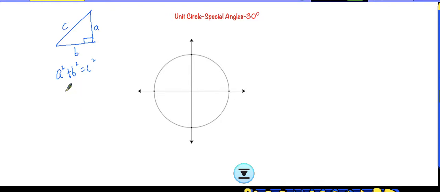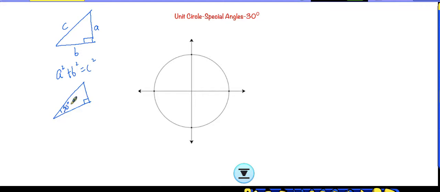Another thing I want to mention is, in a right triangle, if I know this is 30 degrees here, then the opposite side of the 30 degree angle is always half of the hypotenuse. What does that mean?